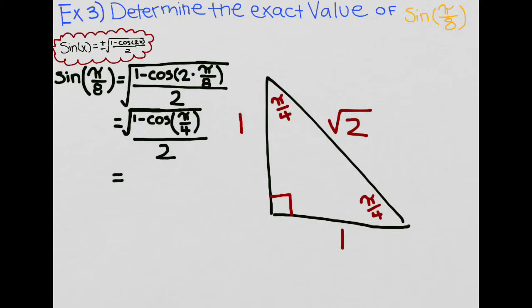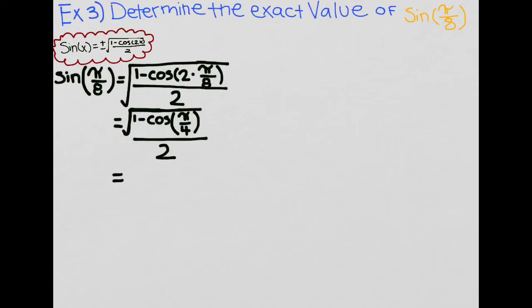So that's what we're going to write for cos pi over 4. I'm just going to write it right here. So that becomes the square root of (1 minus 1 over square root 2) over 2.